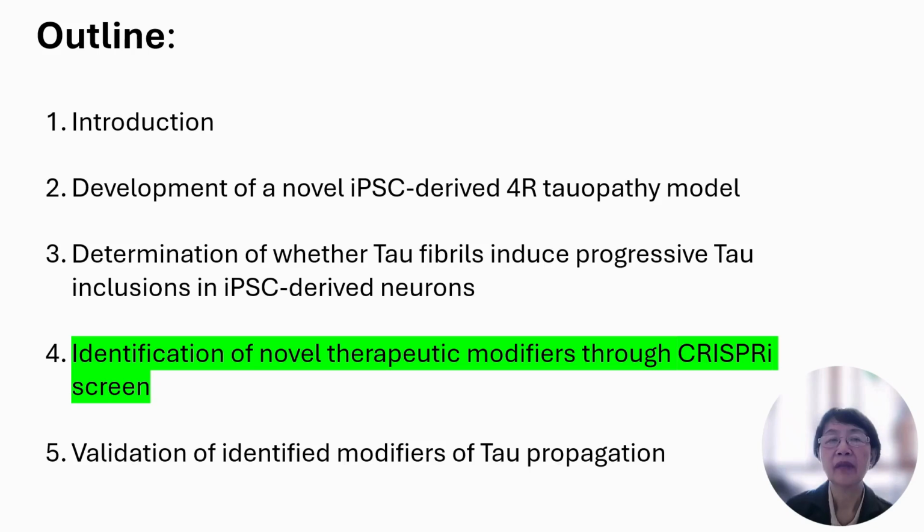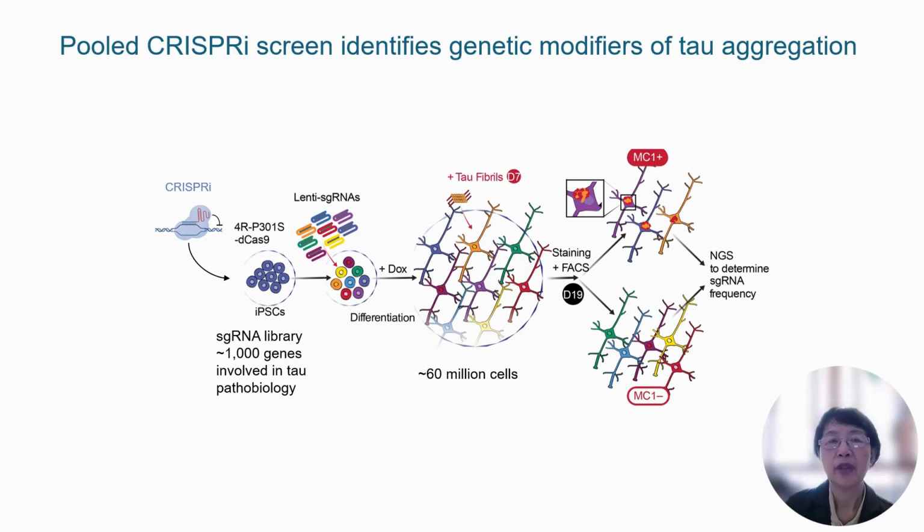We then took advantage of this platform to identify novel tau propagation modifiers through CRISPRi screening in collaboration with Dr. Martin Kampmann. We engineered 4R-P301S iPSCs to stably express dCas9 fused to a KRAB repressor.